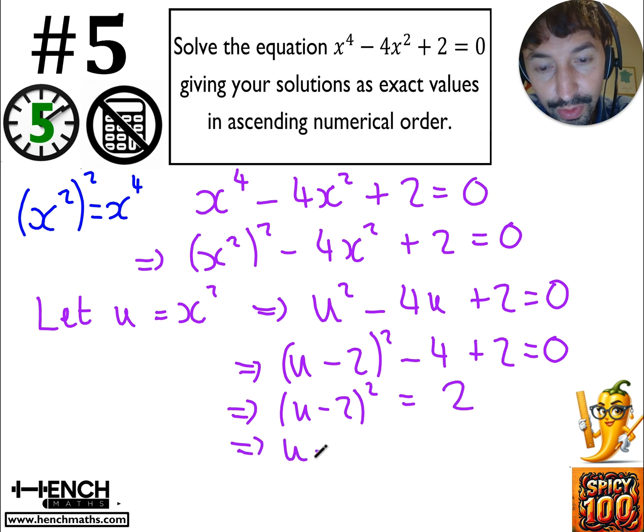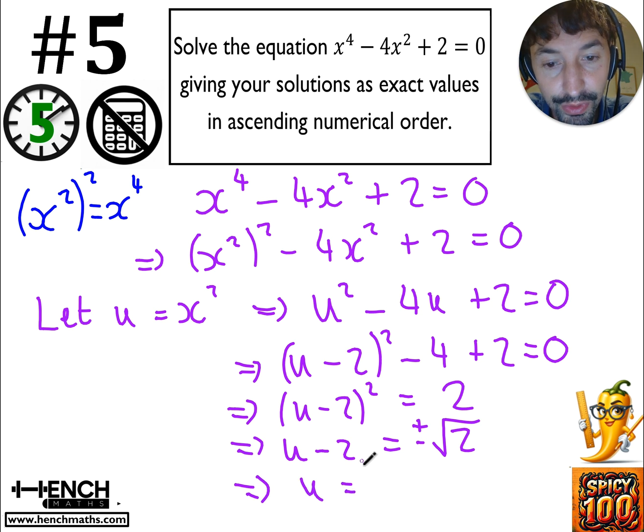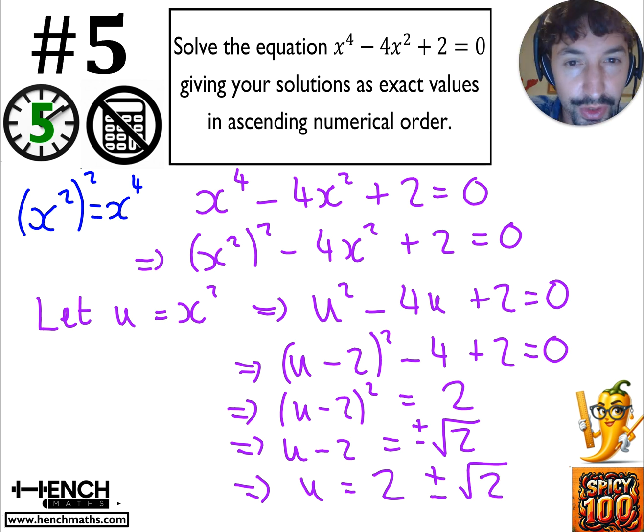So u subtract 2 is going to be plus or minus the square root of 2. When we square root, we have to remember our plus and minus for our two solutions. Finally, u is equal to 2 plus or minus the square root of 2, keeping it with our roots because we want exact values.